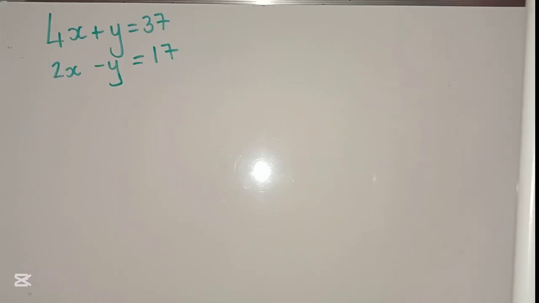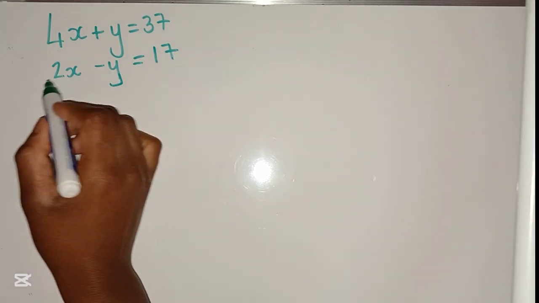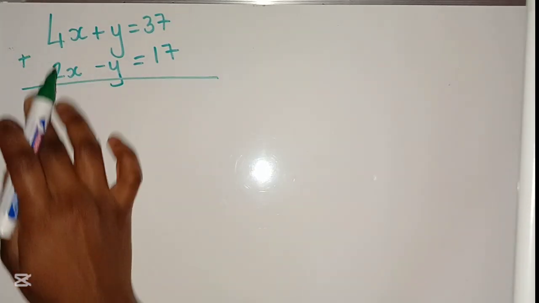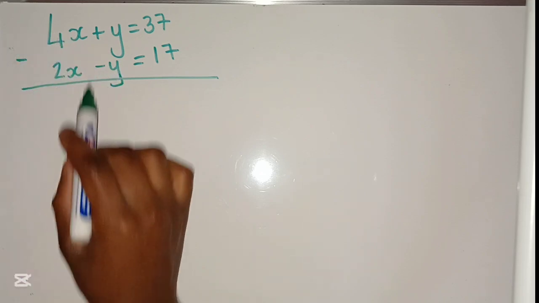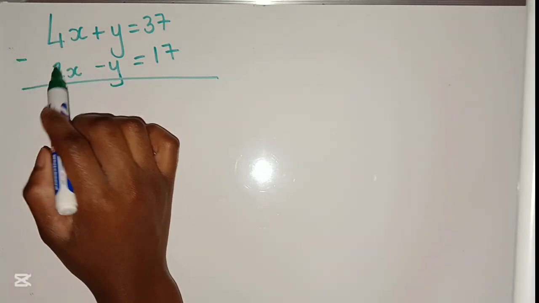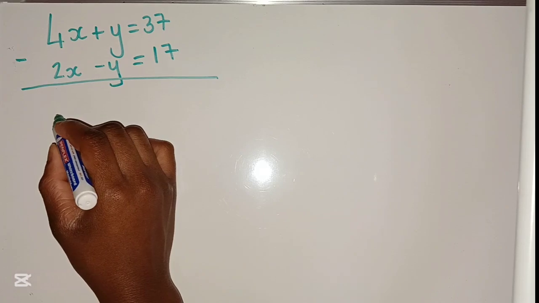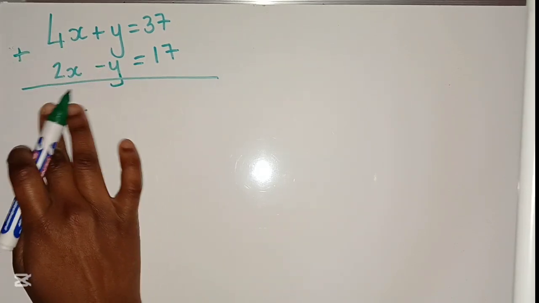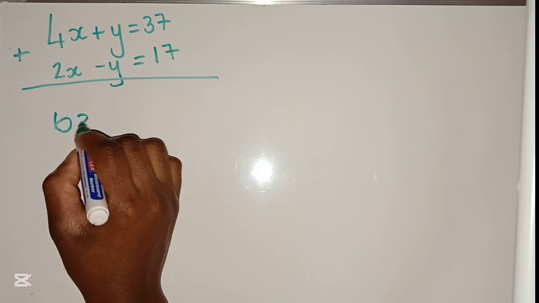All right, to eliminate x, whether we add or subtract, x won't go away, because 4 minus 2, you're still going to get 2x, and 4 plus 2, you're going to get 6x.